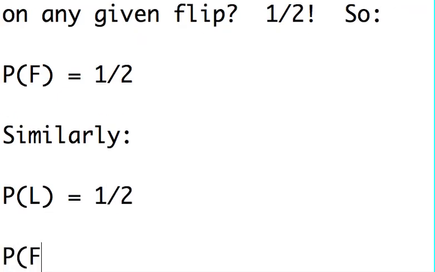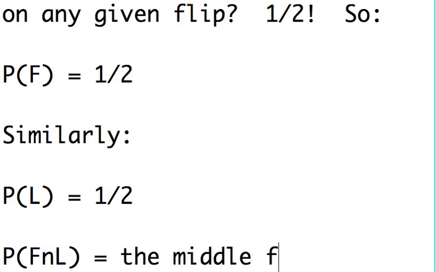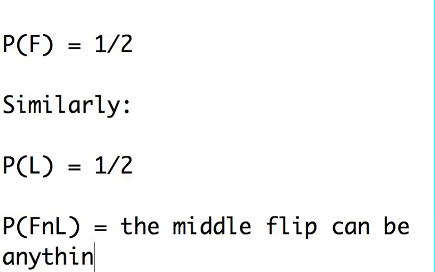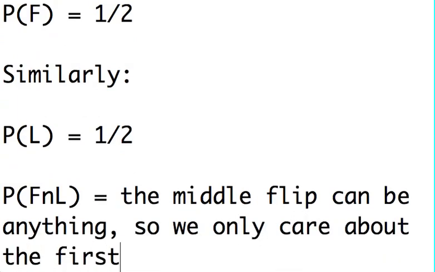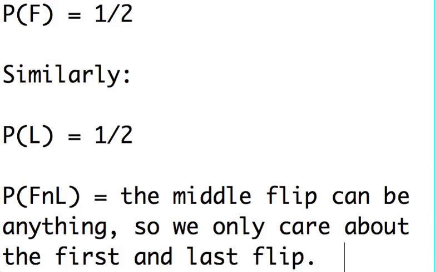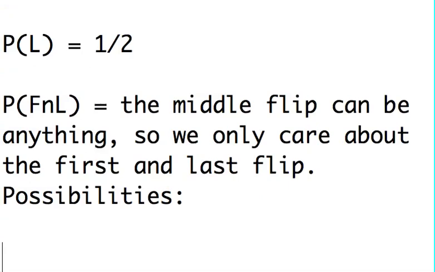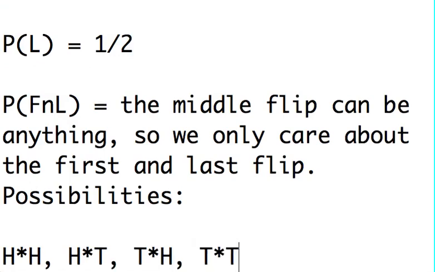Now how about the probability of both of them happening, first and last? Well, note here that the middle flip can be anything, so we only care about the first and last flip. Now the possibilities for the first and last flip are heads and heads, heads and tails, tails and heads, and tails and tails.